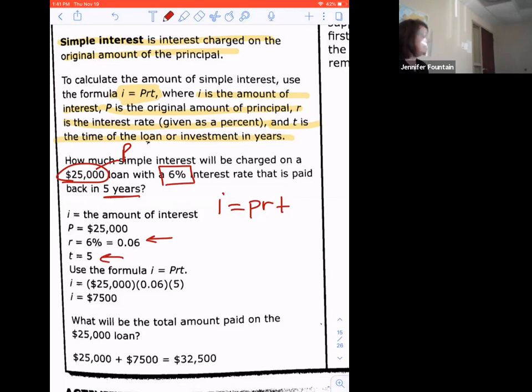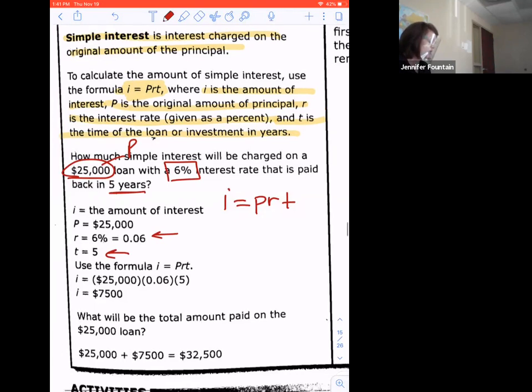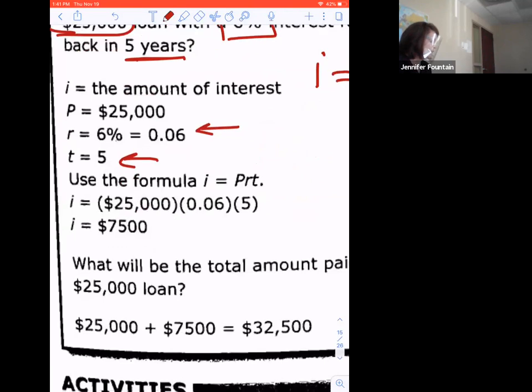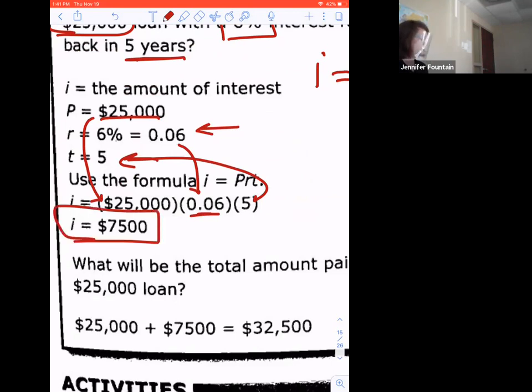So if I just plug in I equals PRT, I've taken my 25,000 to plug in here, 6% as a decimal is 0.06, and then my 5 years, and then I just multiply it all together. So 25,000 times 0.06 times 5. So the amount of interest is $7,500.